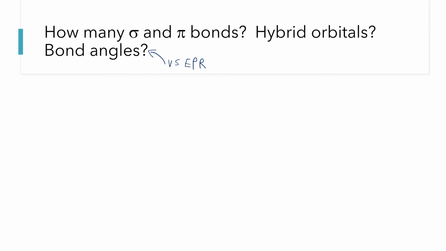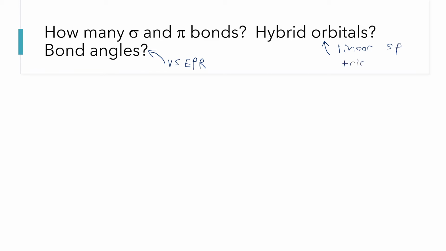Hybrid orbitals, we're looking a little bit at valence bond theory, but I think we can associate the hybrid orbitals with particular VSEPR structures. Linear VSEPR structure is going to be sp hybrid orbitals.